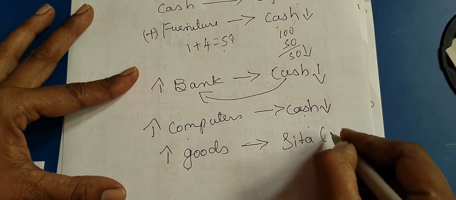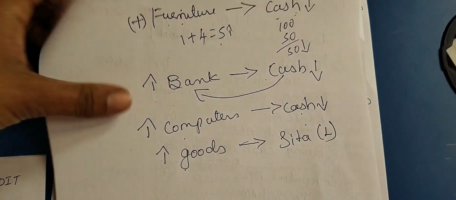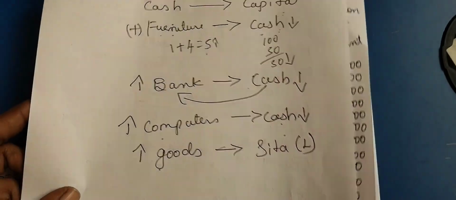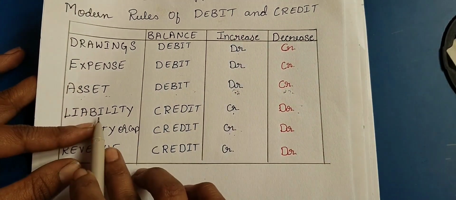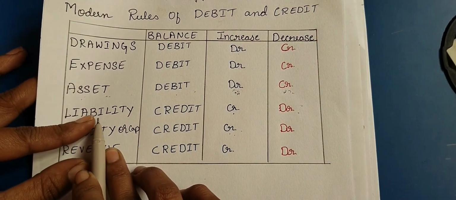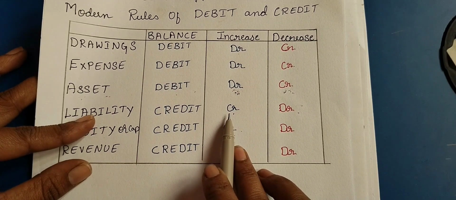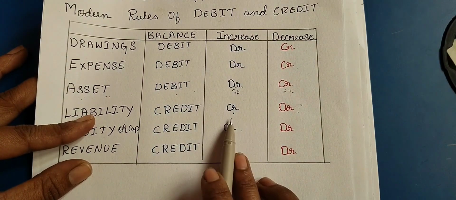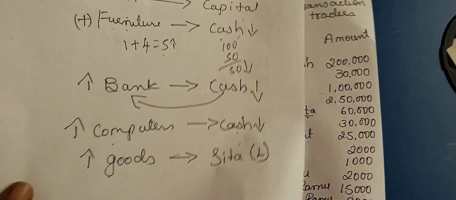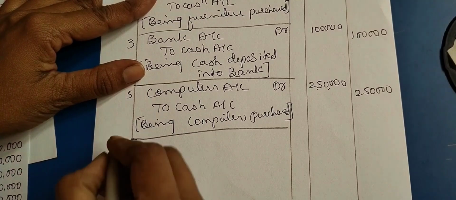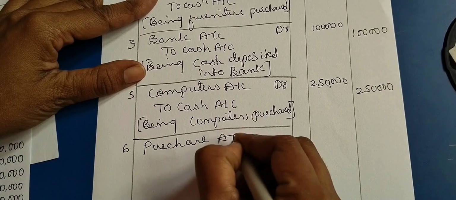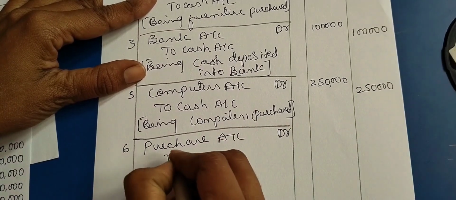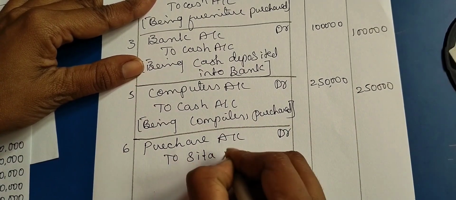You have created an obligation, a promise to Sita that you are going to pay later. So Sita is your liability, right? So what is the entry here? Asset increased, we are debiting. Liability also we have created, the creditor. Sita is our creditor, so we are crediting the Sita account. 6th, purchases account debtor to Sita account.